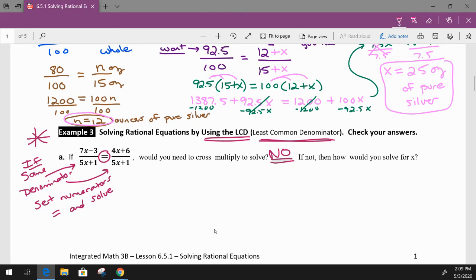But if you have the same denominator, then we just set the numerators equal to each other and solve. So I'm just going to take the numerator, 7x minus 3, set it equal to 4x plus 6, and solve. So if I subtract 4x from both sides and add 3 to both sides, this will go away, that'll go away.